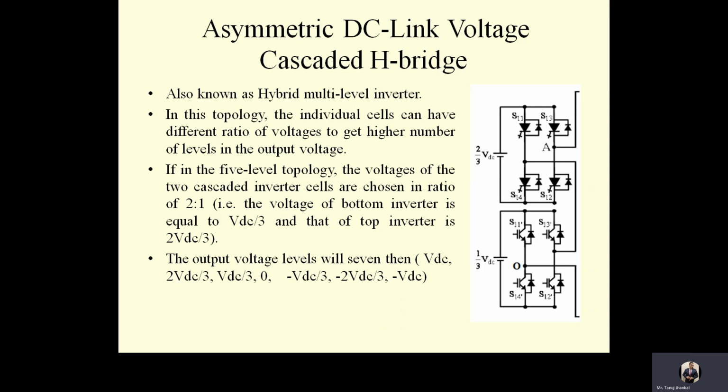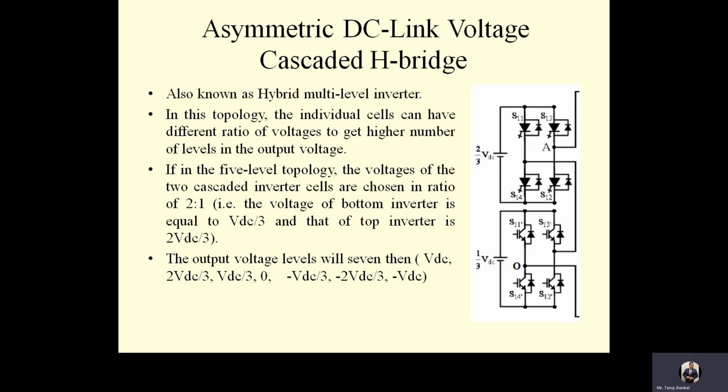In the configuration using such asymmetric DC sources, the stress on the devices will be unequal and will depend on the DC source, with devices at the higher end required to block large voltages.